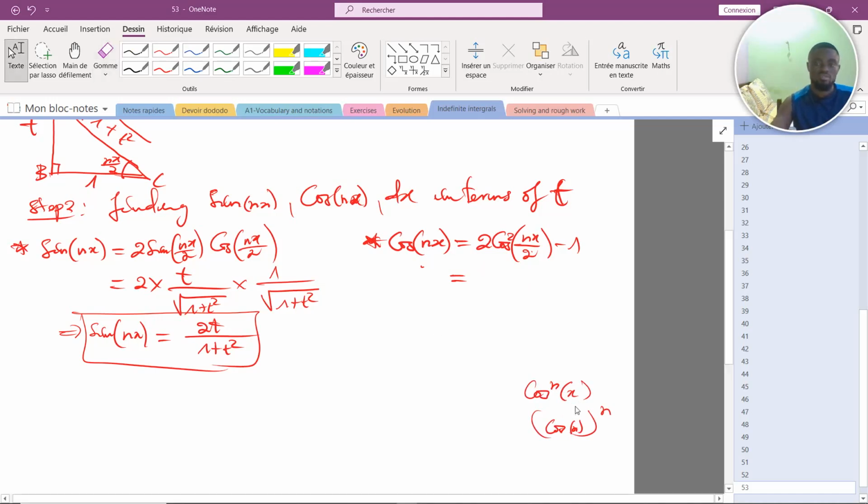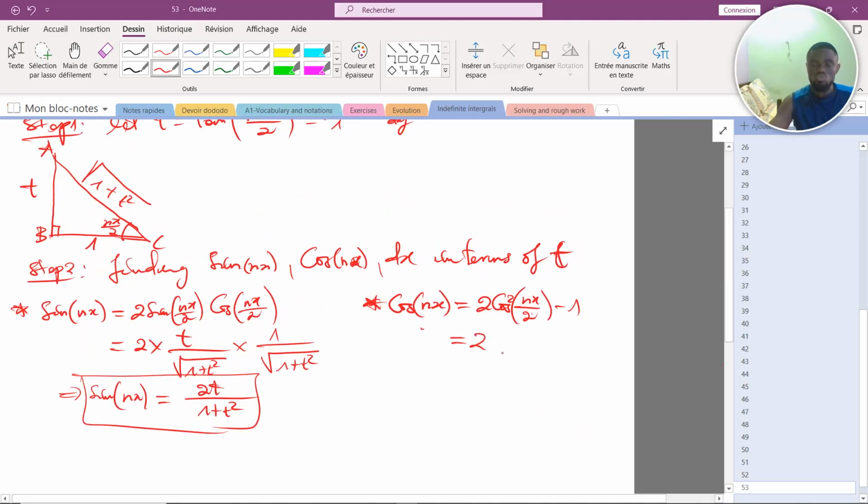So don't forget that. So this will be equal to 2 into cos nx on 2 from our triangle, which is adjacent all over hypotenuse, so 1 on the square root of 1 plus t squared, all that squared, because there is a square here, minus 1.